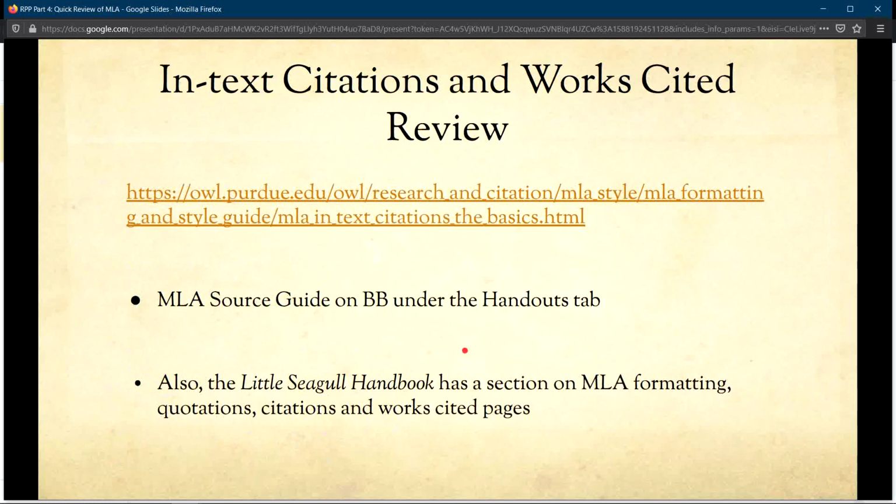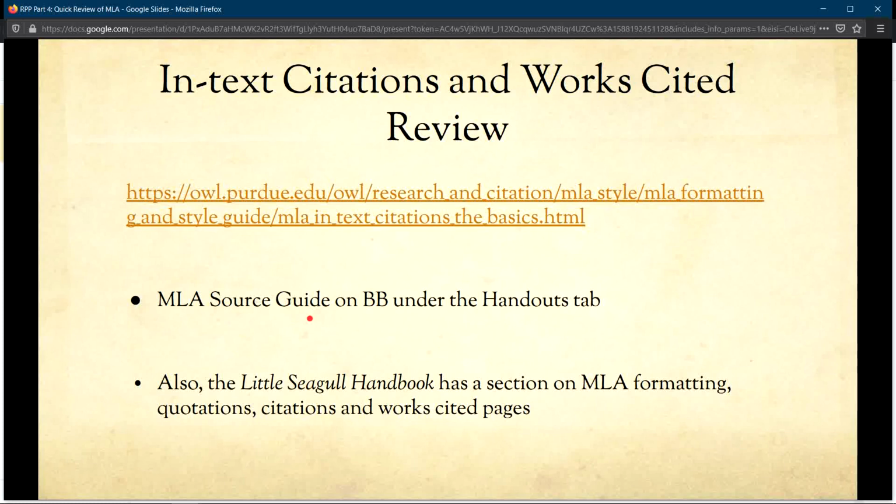Okay, so just a quick review on in-text citations and works cited. Purdue OWL is actually a great resource, so if you need a reminder of how to format in-text citations, you can open that link. You can also go to Blackboard under the Handouts tab and open up the MLA source guide. That's still there.